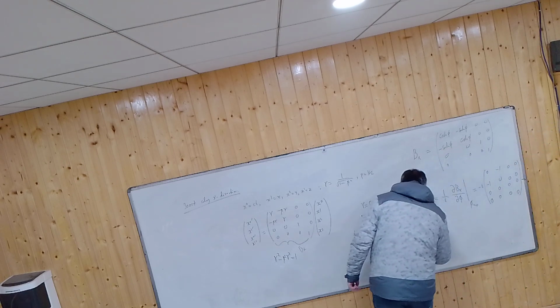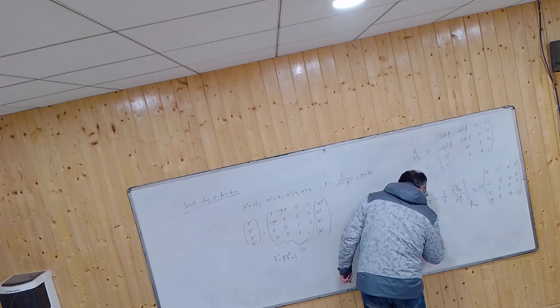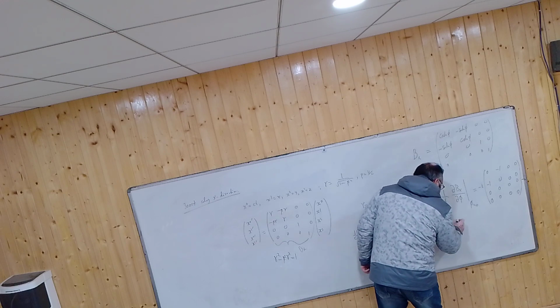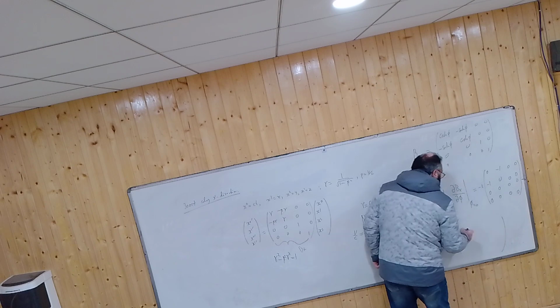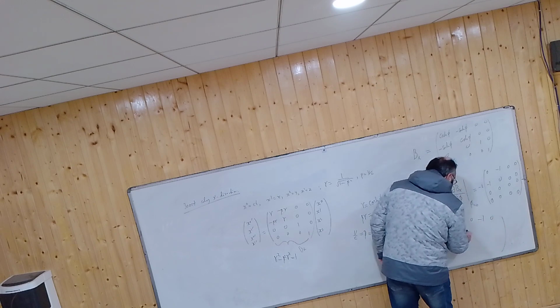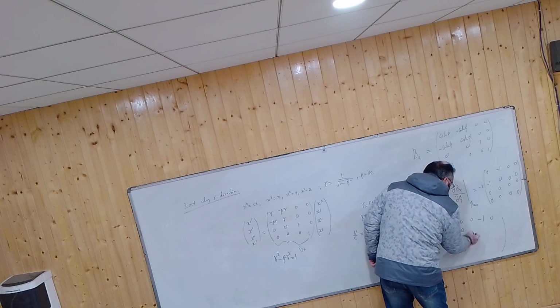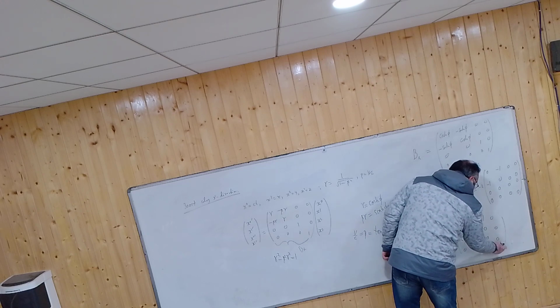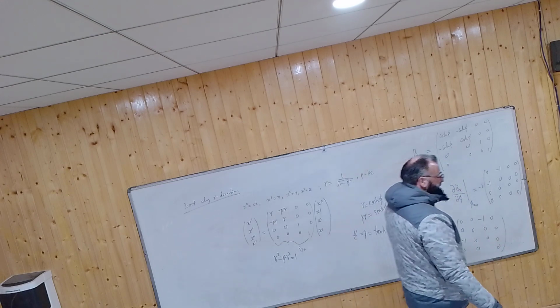Similarly, we can construct a boost generator along y direction. So it is 0, 0, minus 1, 0, 0, minus 1, 0, and put the rest of the things as zero. Clear? And what is now Kz?